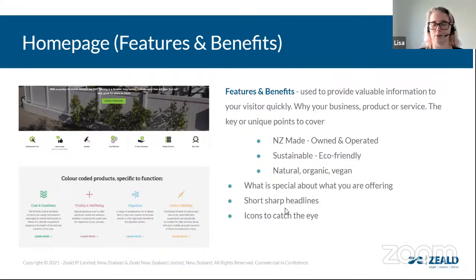So here, what's special about what you're offering? Very short, sharp headlines. So generally a title and then it's a little blurb about it with either a learn more or go through to view the product or the service. And then, like I said, icons to catch the eye. That just helps it be more visually appealing and helps with that design aspect that people are looking for.